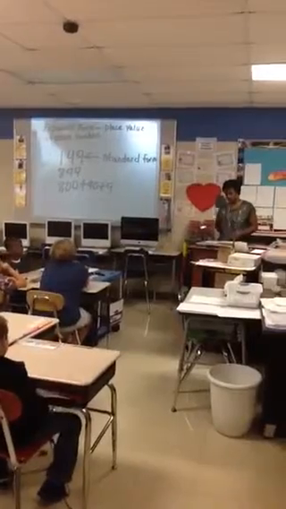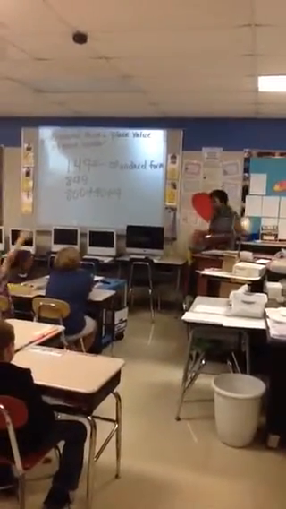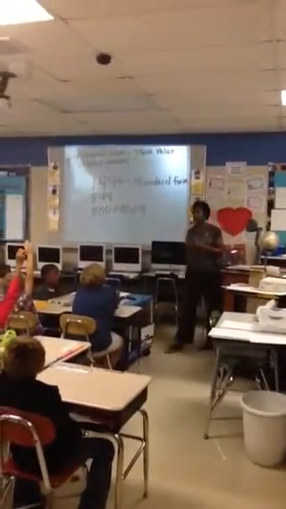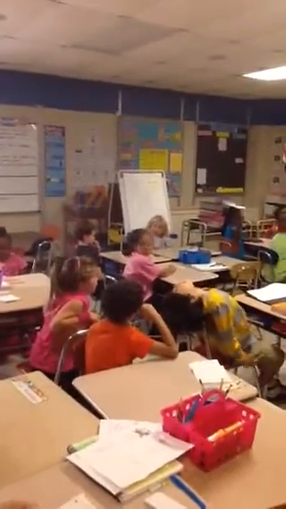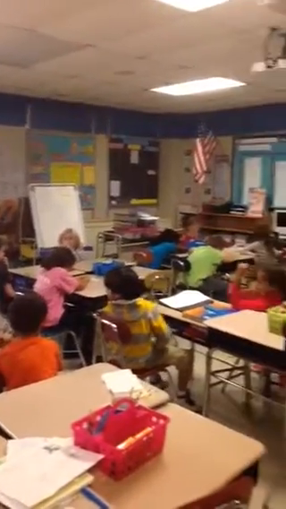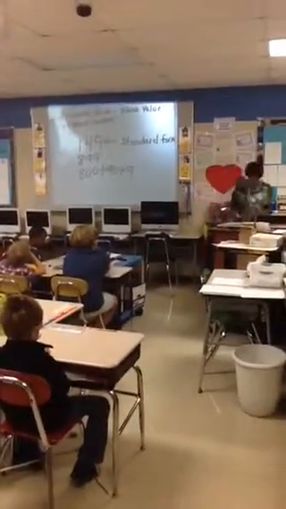Good job. 800 plus 90 plus 9. Can somebody else who hasn't gone yet tell me what number is in the ones place? In the pink shirt. I can't hear you. Did you say 100? In the ones place. The 9. Good job. Okay, let's do another one.